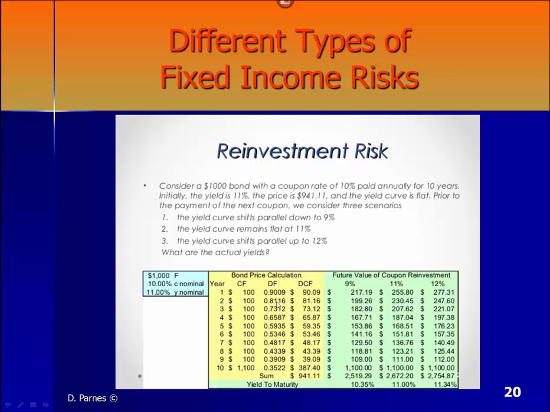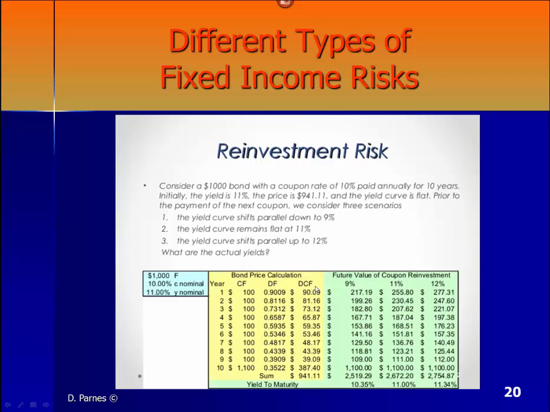The discount factor in year number 2, 0.8116, this is 1 over 1.11 to the power of 2, squared. Discount factor of 0.7312, this is 1 over 1.11 to the power of 3, and so on and so forth. So the discount factor is just a name to create this reciprocal of 1 plus the interest rate to the power of the number of years.